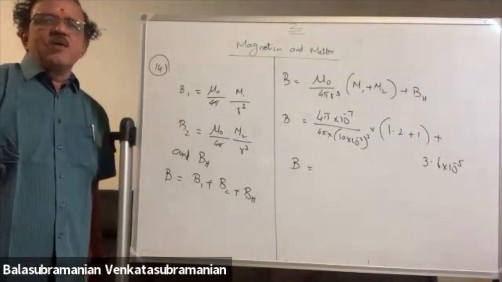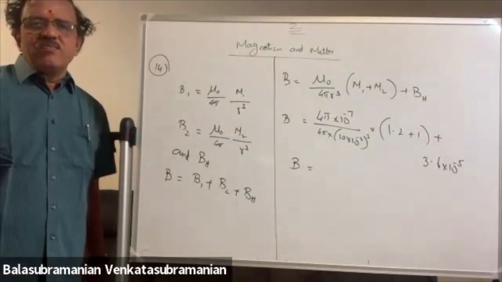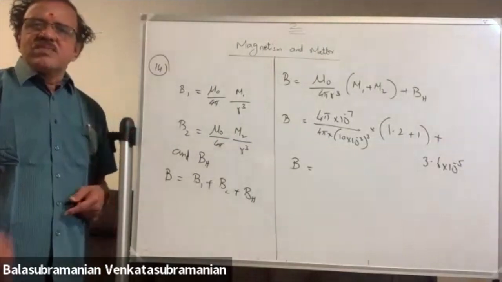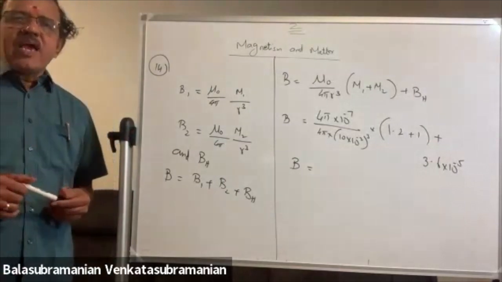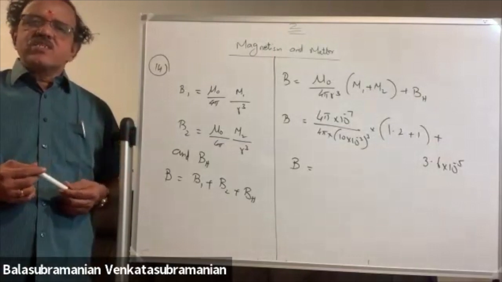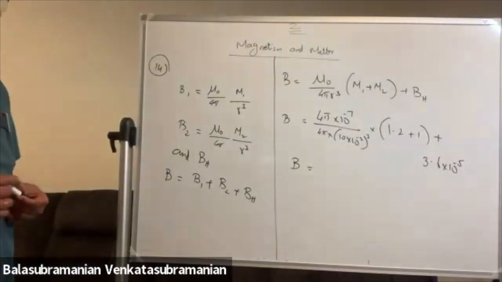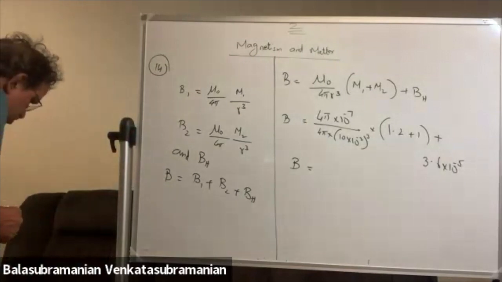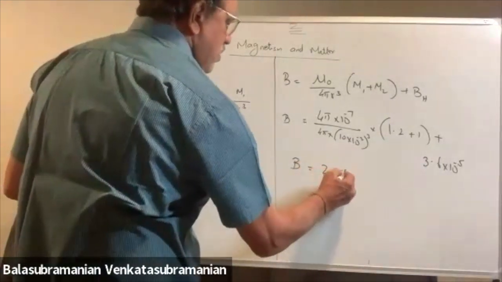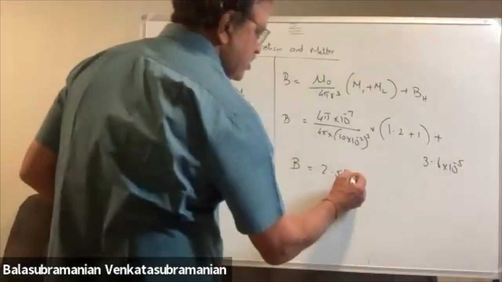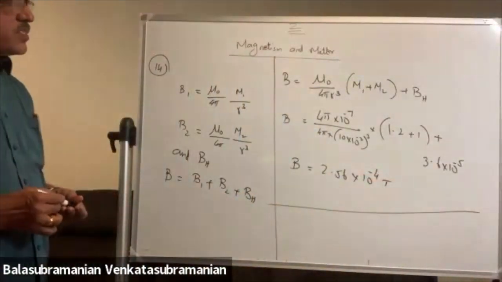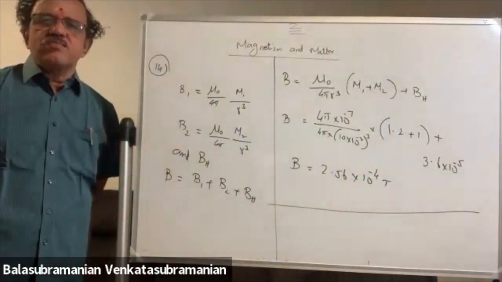Some cases they will write 3.6 into 10 power minus 5. It is a constant value. Earth magnetic field that we will measure using tangent galvanometer. That value is 3.88 into 10 power minus 5 Tesla. Some other case it is 3.6 into 10 power minus 5 Tesla. Simplify, you are getting 2.56 into 10 power minus 4 Tesla.